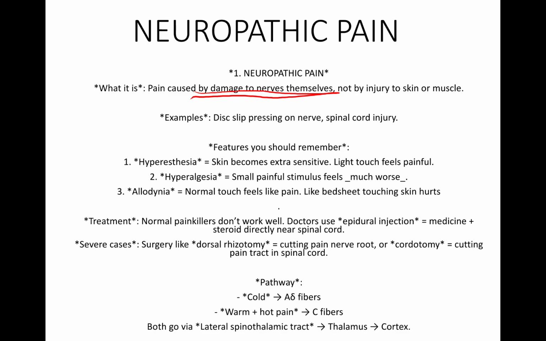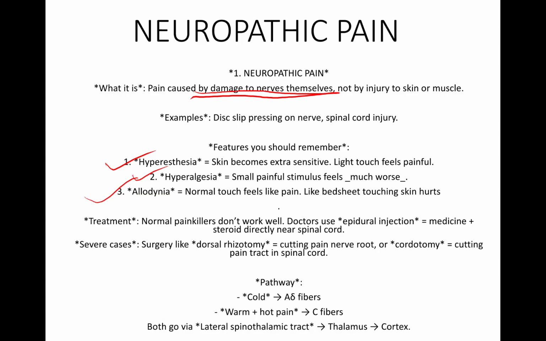Now, the features you should remember are hyperesthesia, hyperalgesia, and allodynia. Hyperesthesia is when the skin becomes extra sensitive. Light touch feels like pain. Next is hyperalgesia: a small painful stimulus feels much worse to that person.